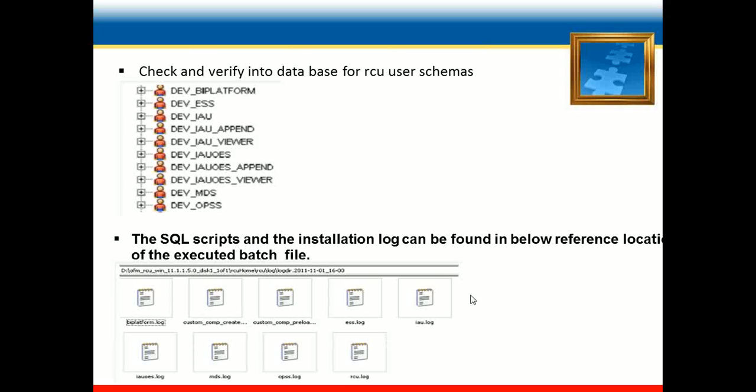Then we can check the log for these created schemas under the log directory, where we have extracted our RCU schemas. We can check here the log to see whether our schemas were created successfully or not.